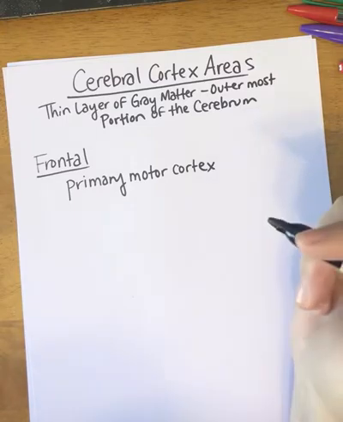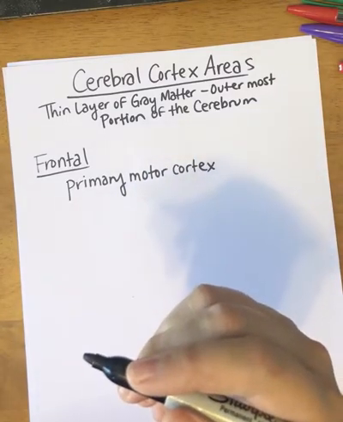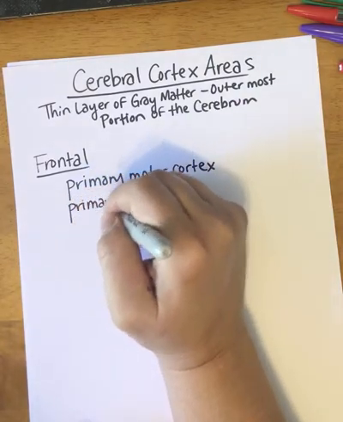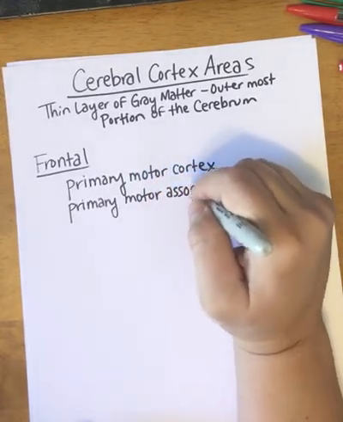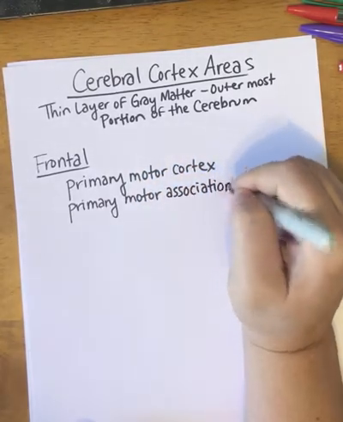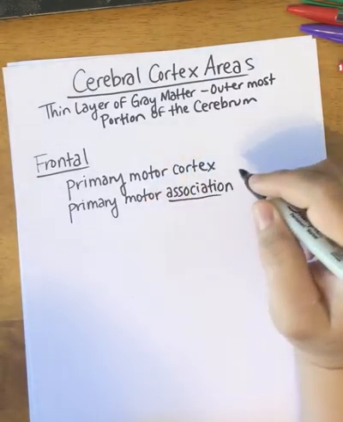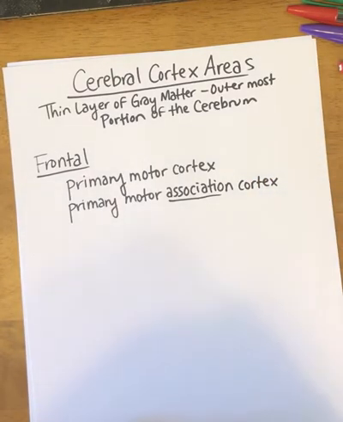Now it's also going to have the primary motor association cortex. Anytime you use the word association, this is going to be memory. So association, motor memory. This would be like if I ask you how to serve a tennis ball, you'd be able to show me if you've played tennis.